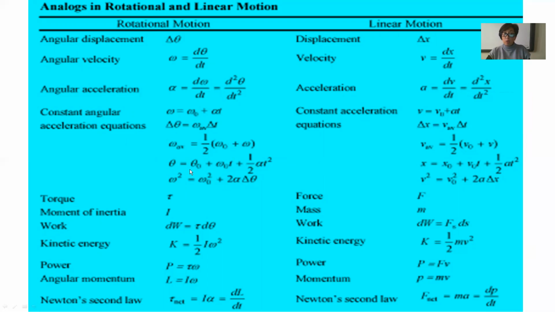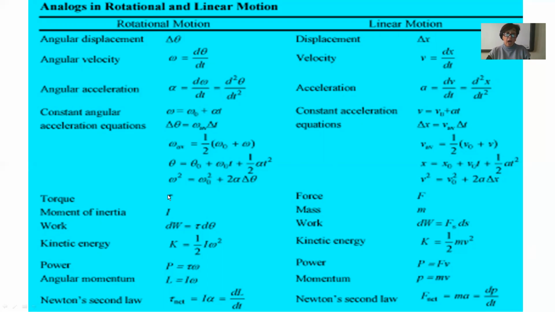Here theta equals theta 0, the initial angle, plus omega 0 t plus 1 divided by 2 alpha t squared, the angular acceleration. Following the analogy with linear motion, x equals x0 plus v0 t plus 1 divided by 2 a t squared.